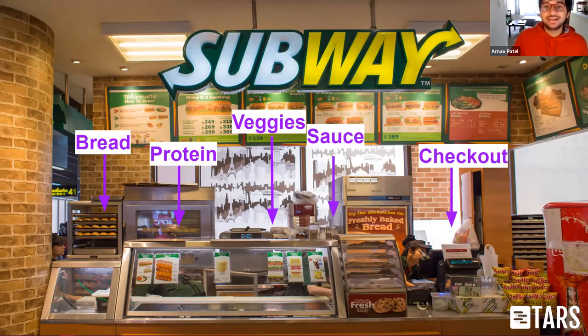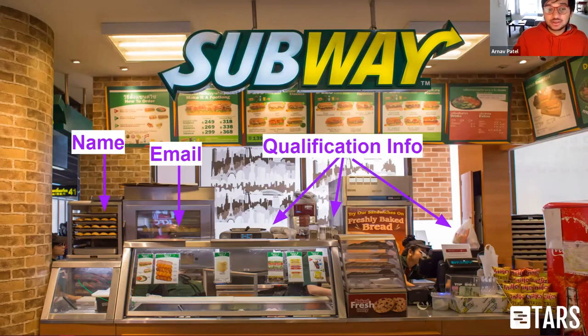You can split a lead up into similar discrete chunks, just like you can with a sandwich, and you can sequence those chunks together to form a lead generation process. So think of a lead kind of like a sandwich. Just like you have bread, protein, veggie, sauce, you have name, email, and then your various qualification info.